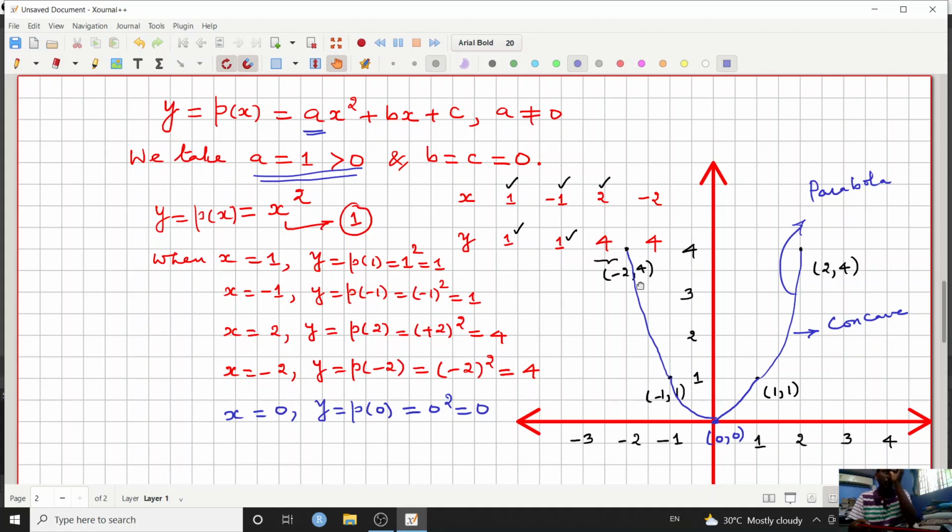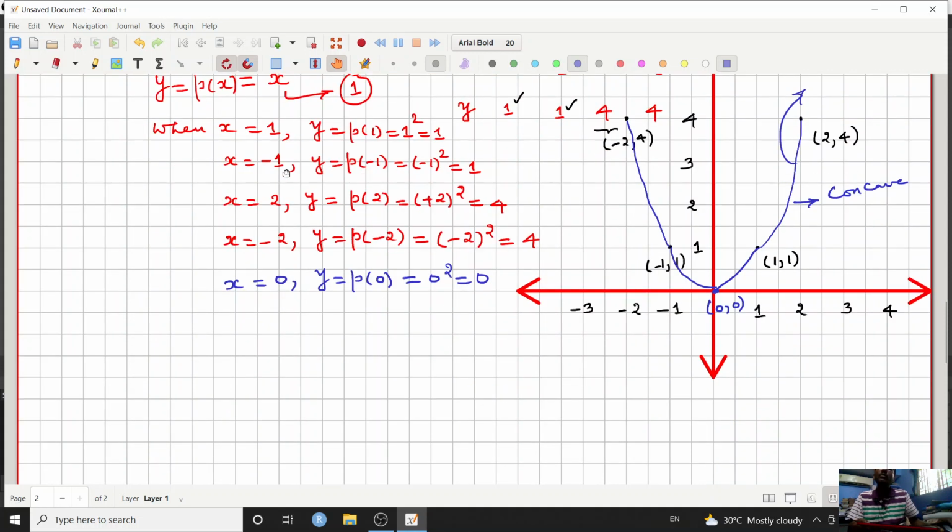What will happen now? What we do is we just reverse the sign of a and let us see what we get.